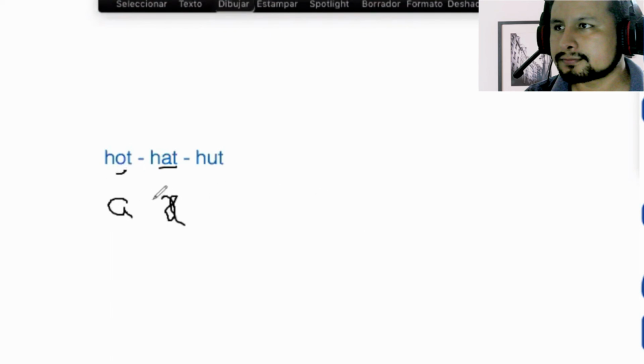Hot, hat, hot, hat. Now, if you look at me, you can see that the lips are spread for the a, but not for the ah. And the jaw is in a different place.